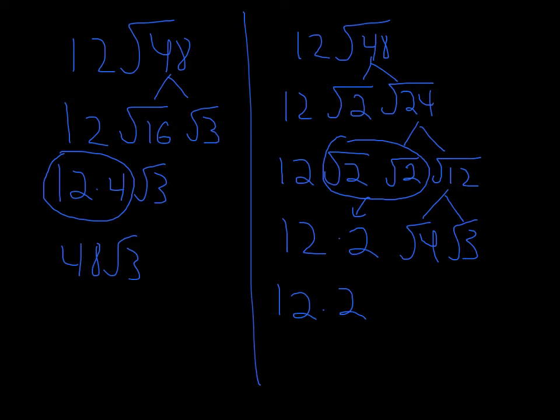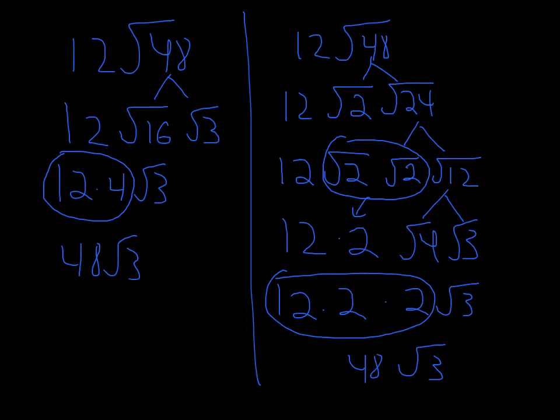Bring down the square root of 4, which is 2. Bring down the square root of 3. Square root of 3 can't be broken down anymore, so that's going to stay a square root. I'm going to multiply these 3 numbers, all without radical signs. So 12 times 2 is 24, and 24 times 2 is 48. Notice we get the same answer as if we found the biggest perfect square, which was 16, and did it.